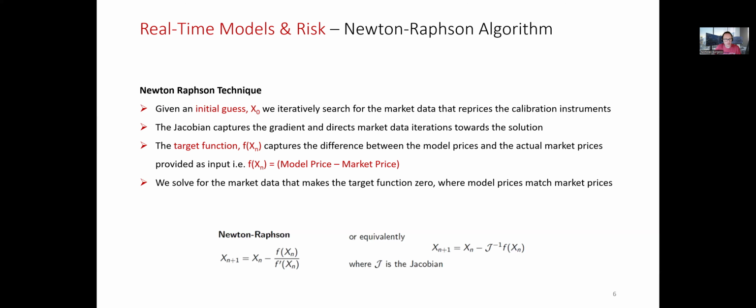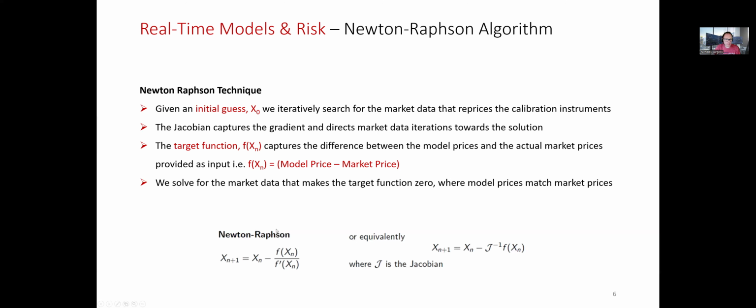As we go through each of the iterations, we want that difference between the model price and the market price to go to zero. So we're going to solve for the market data that makes this target function zero, i.e. the model prices are matching the market prices. And the model prices only match the market prices because the underlying forward rates and discount factors, for example for an interest rate curve, or the underlying market data, is the right data to reproduce the market prices.